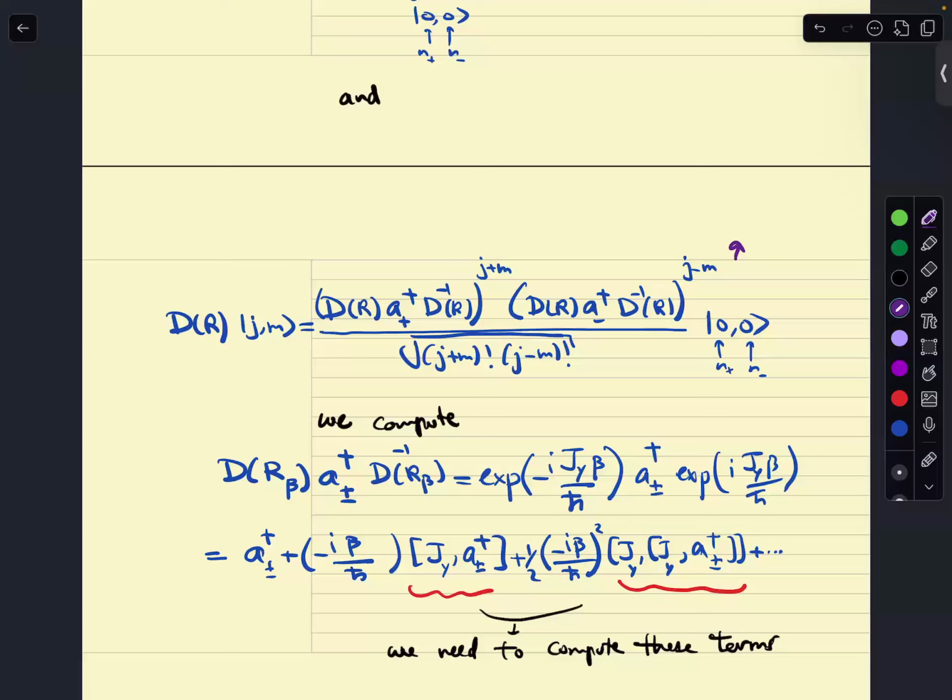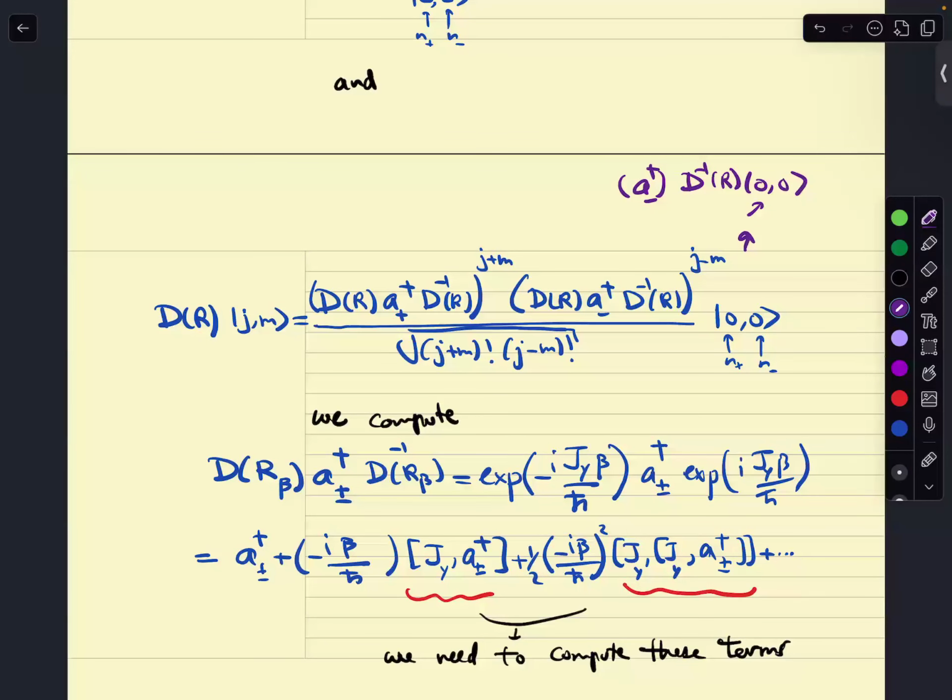So this is 0, 0. Because this is invariant under rotations, I can always act on it with this. The state is invariant under this, so 0, 0 is equal to this. Then I have this guy to the power of J minus M. So think of this inserted J minus M times.